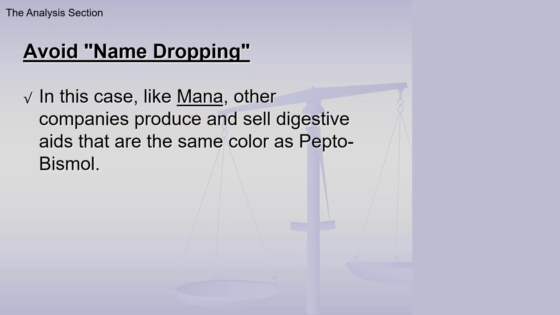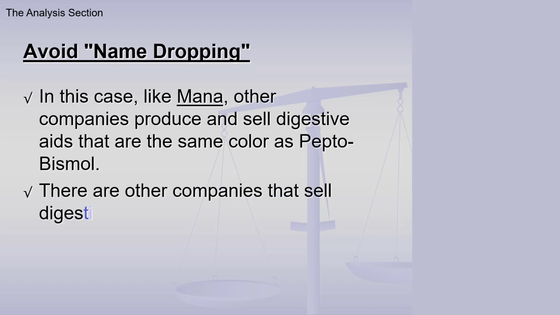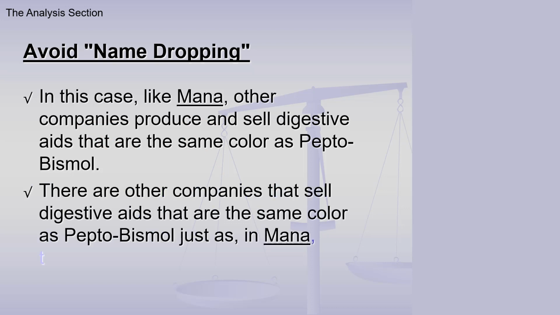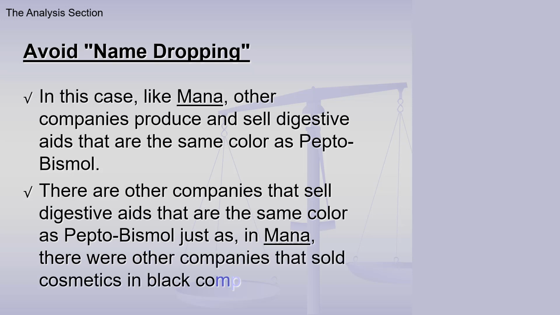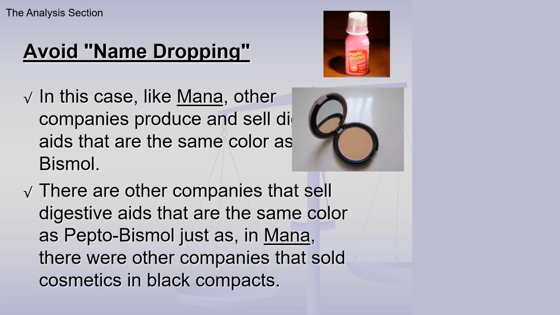"There are other companies that sell digestive aids that are the same color as Pepto-Bismol, just as in Manna there were other companies that sold cosmetics in black compacts." Now I get it. In Manna, it was a product, it was cosmetics, but it was a black product. And that's very similar to my product here. It might be a medicine and not cosmetics, but the medicine is pink.